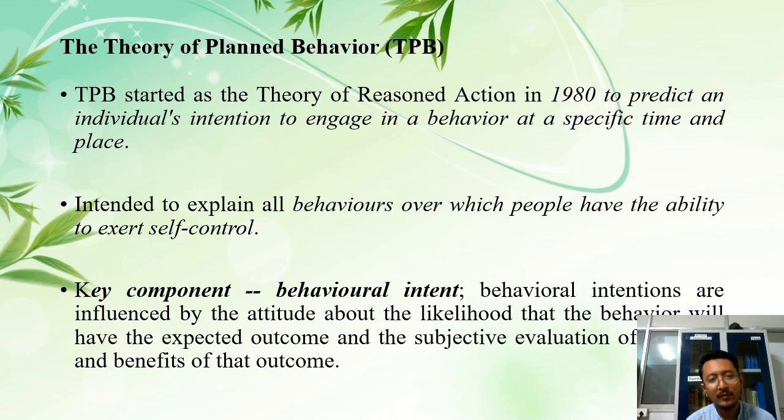Now this theory started as the theory of reasoned action in 1980, and it was developed in order to predict an individual's intention to engage in a behavior at a specific time and place. Now, looking at the phrase itself, that is, theory of planned behavior.